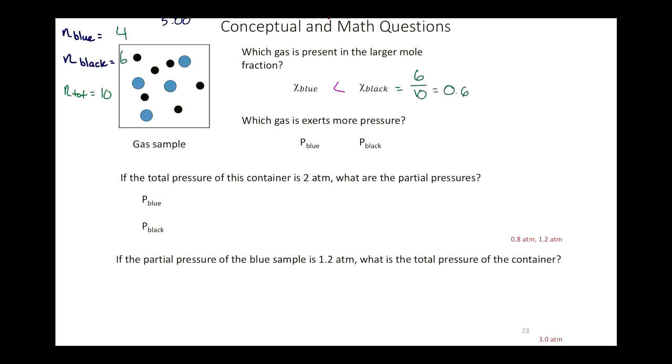So 60% of the sample is black particles, and that means 4 over 10, or 40%, of this sample is the blue particles. Great. All right, so then which gas exerts more pressure? The black sample or the blue sample?